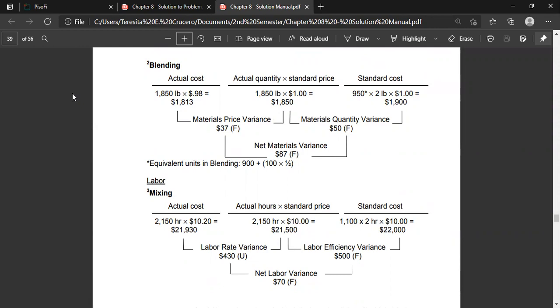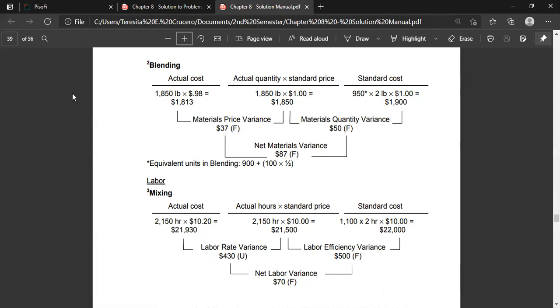The material quantity variance is 50 favorable, comparing the standard cost 1,900, which is higher than the actual quantity times standard price. So adding 50 and 37, you get 87.